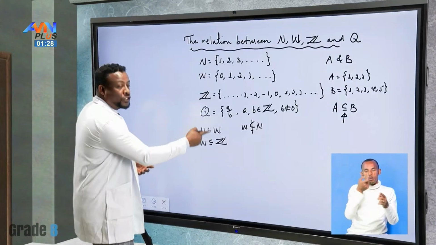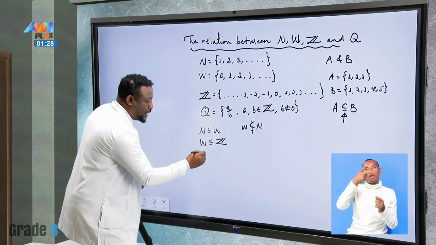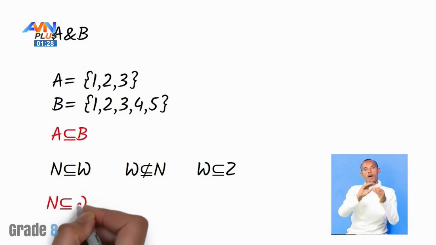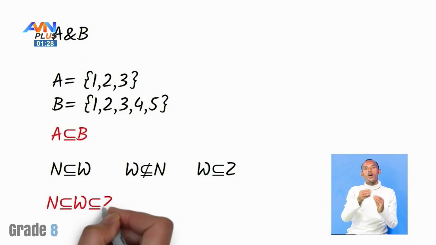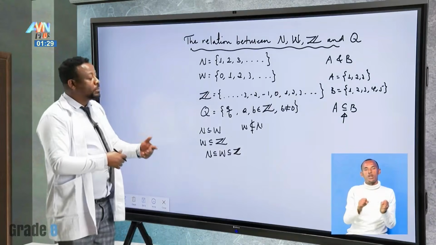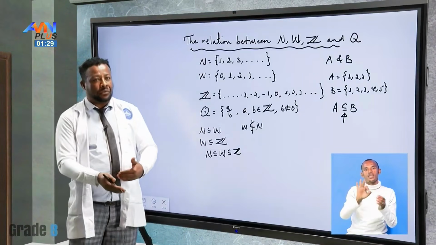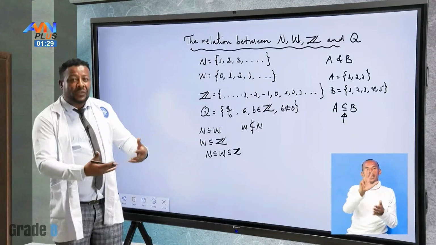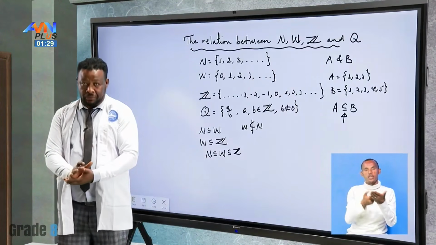From these 2 conditions, we can say that the set of natural numbers is the subset of whole numbers, and the set of whole numbers is the subset of integers, right? So, by connecting all these 3 sets, you can create this kind of relationship, right?